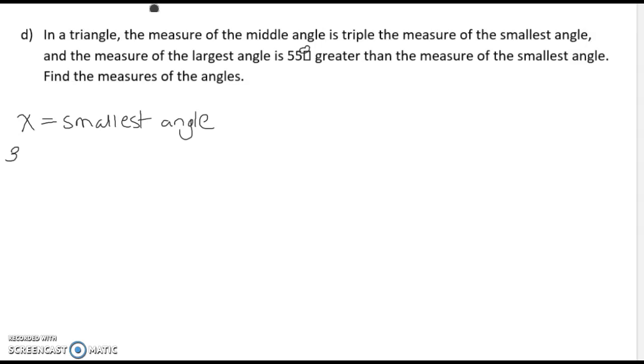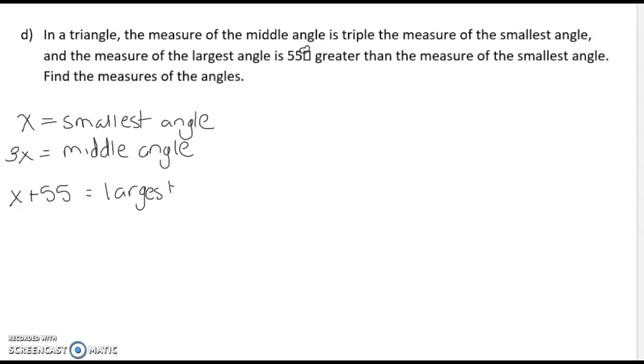So we'll do 3x is the middle. Okay, and the measure of the largest angle is 55 degrees greater than the measure of the smallest angle. So that means x plus 55, because it's 55 degrees bigger than the smallest one. And this, they said, was the largest.